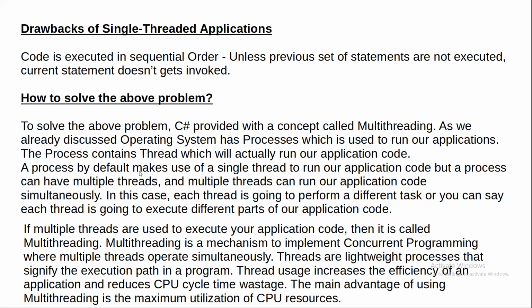A process by default makes use of a single thread. Now you're trying to use the multi-threading concept. Multi-threading is a mechanism to implement concurrent programming. Concurrent means simultaneously, more than one thread can work.